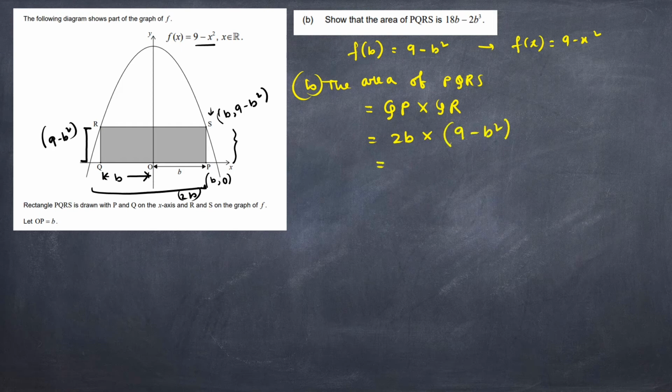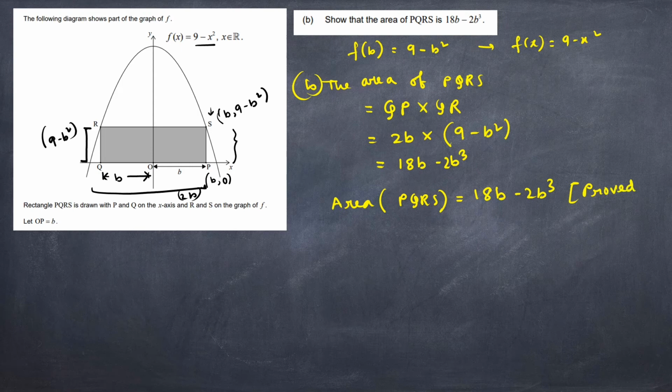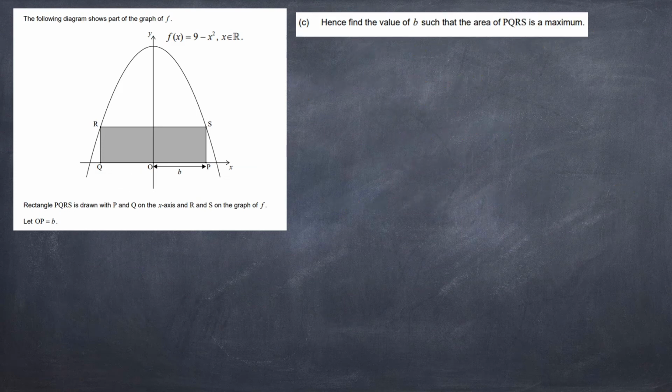So from here we can write 18B minus 2B cube. So the area of PQRS is 18B minus 2B cube. It is proved. So this problem is also done. This was also a very easy problem. Now the next problem we will do.